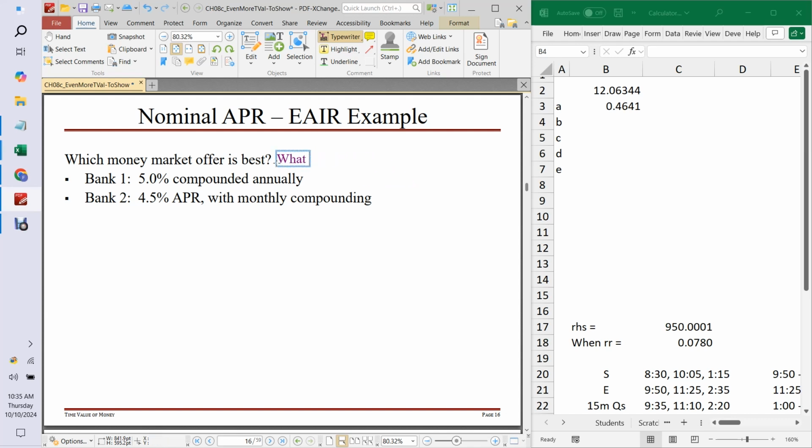So let's rewrite this as: what is the best place for you to put some cash? So you've got two banks. This is very much a real world kind of a problem. One is offering you 5% compounded annually, and another bank says in their ad, we're offering 4.5% APR with monthly compounding. All right, so let's see which one is best.